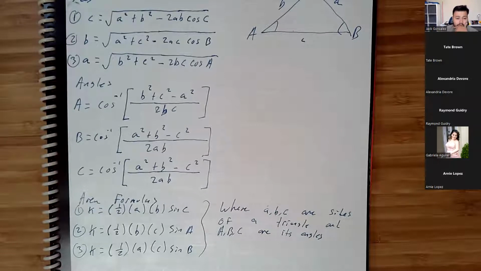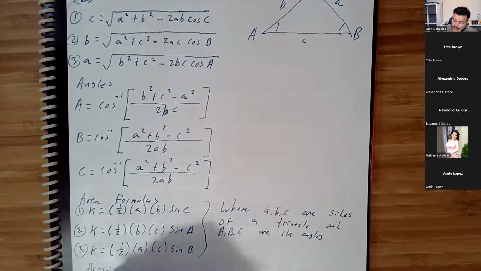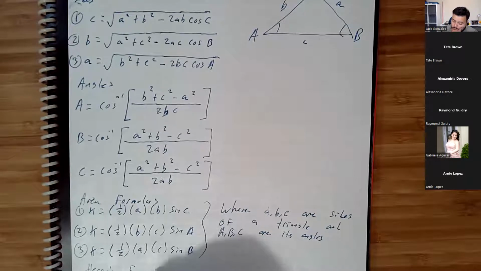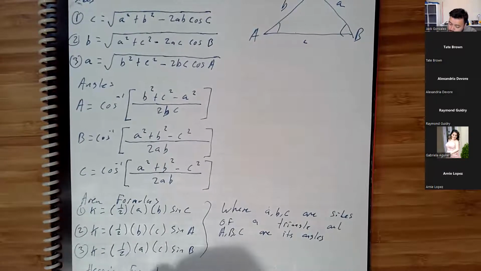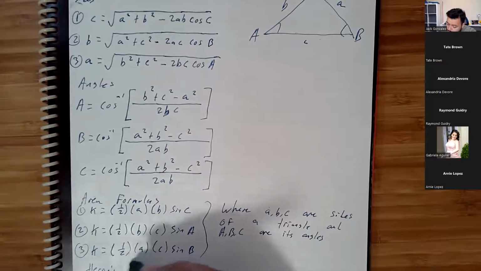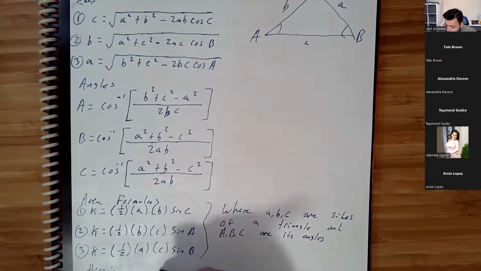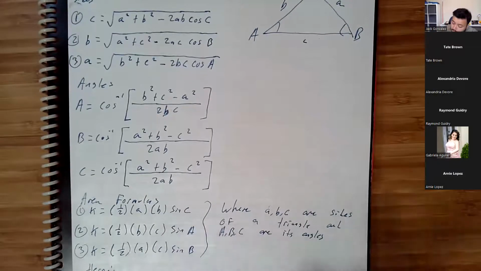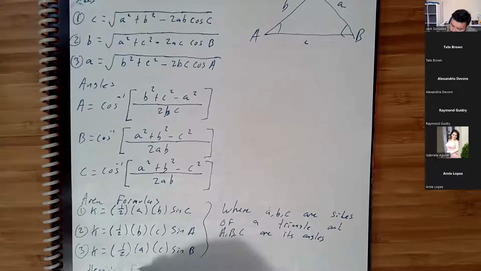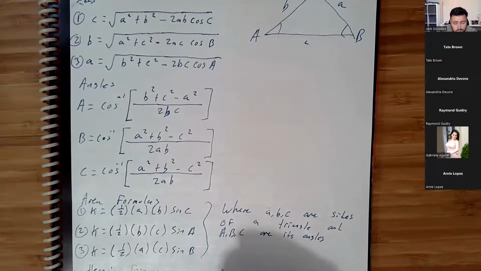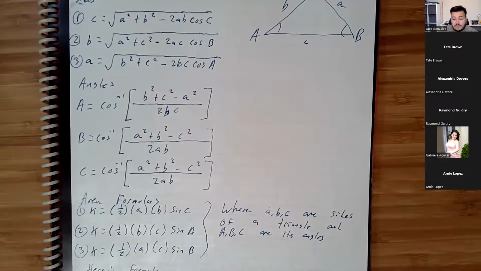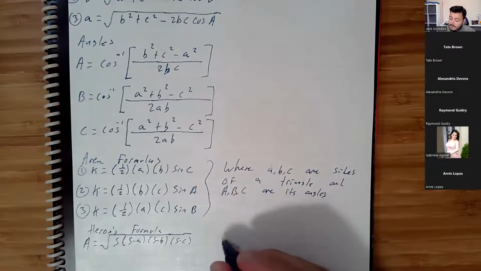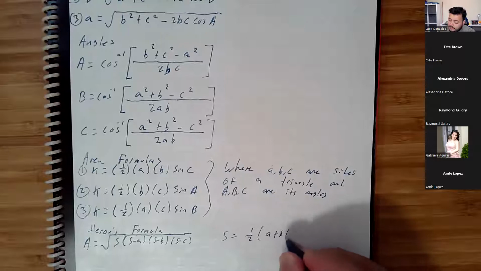Okay, let's see if I can fit Hero's formula. A is equal to the square root of S times S minus A times S minus B times S minus C. So you take all the sides and subtract them from S, where S is equal to 1/2 times the sum of all three sides.